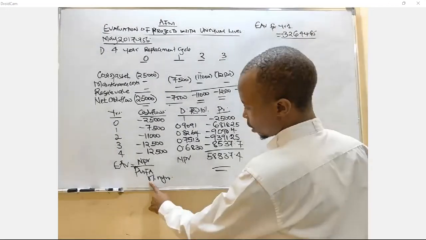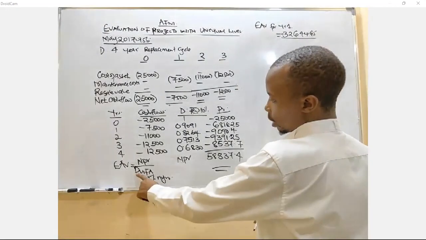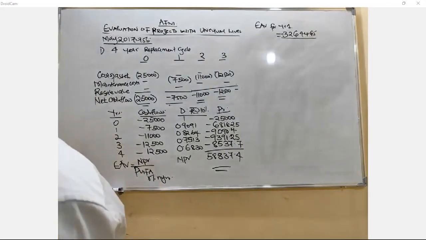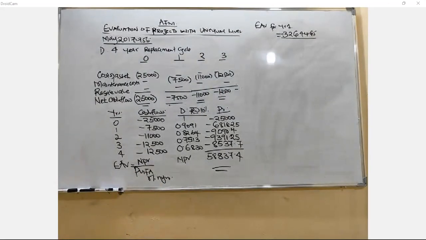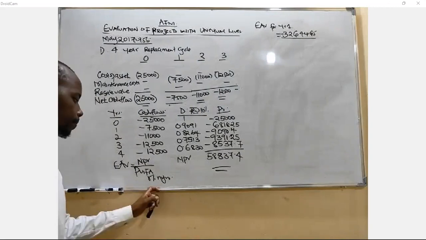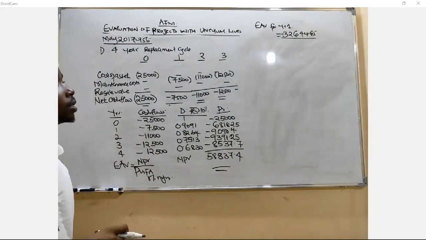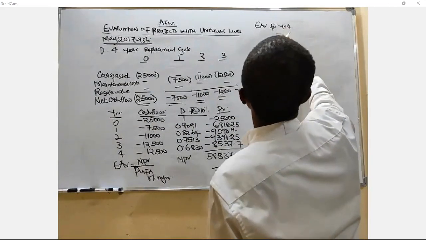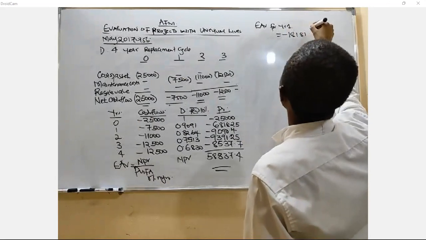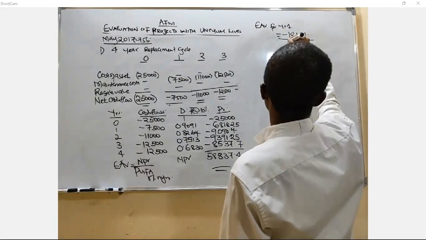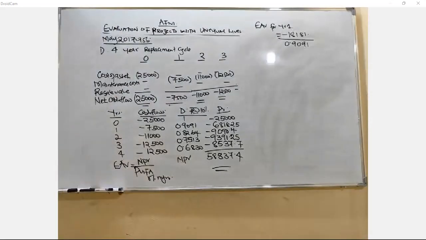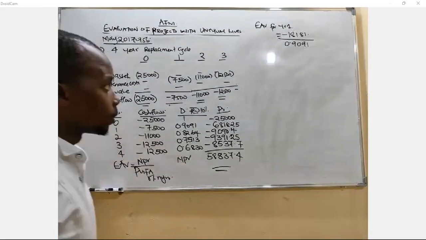What is the discount factor for 10% 1 year? 0.9091.